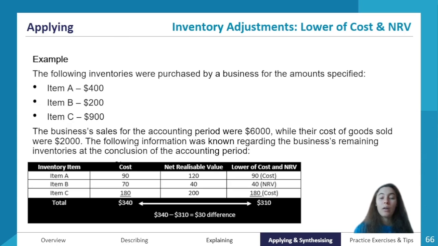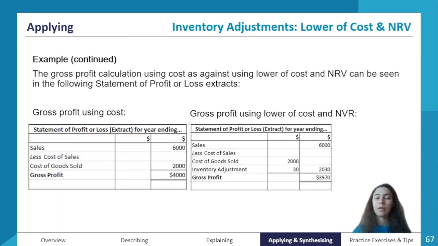And then we calculate the total for each column, the cost column versus the lower of cost and NRV. The difference there is $30 between the two totals. And that's the figure that we carry through in our inventory adjustment. So you can see in our statement of profit or loss, with just using cost, it is very straightforward.